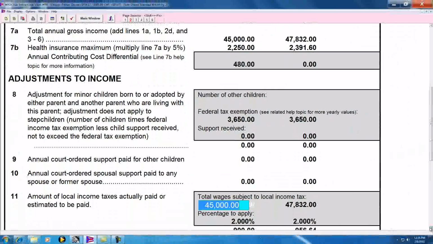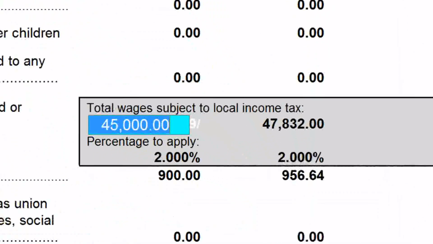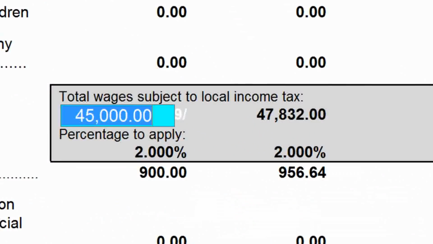Line 11 is an adjustment for local income taxes paid by either the father or the mother. The first field in the gray box is total wages subject to income tax. This is an overridable field that is completed by Roxy, taking the sum of lines 1A, 1B, and 2D. In most instances, this is correct, but not always, and that's why it's an overridable field.